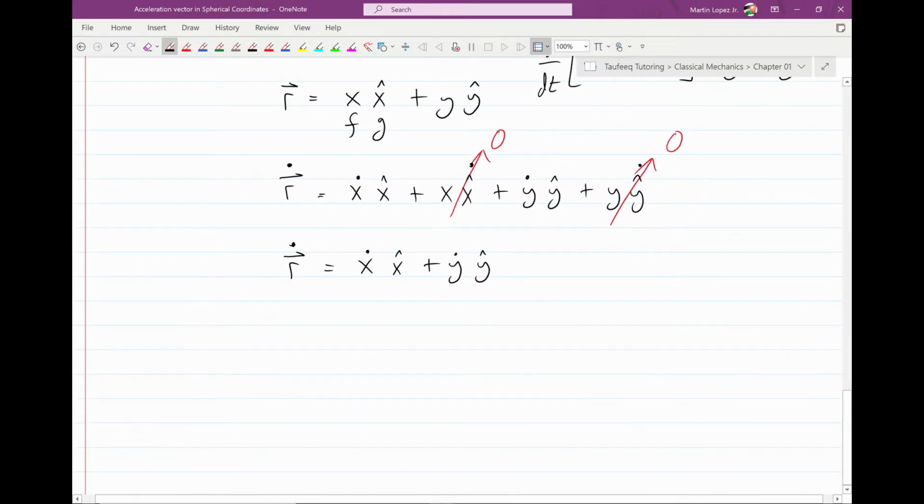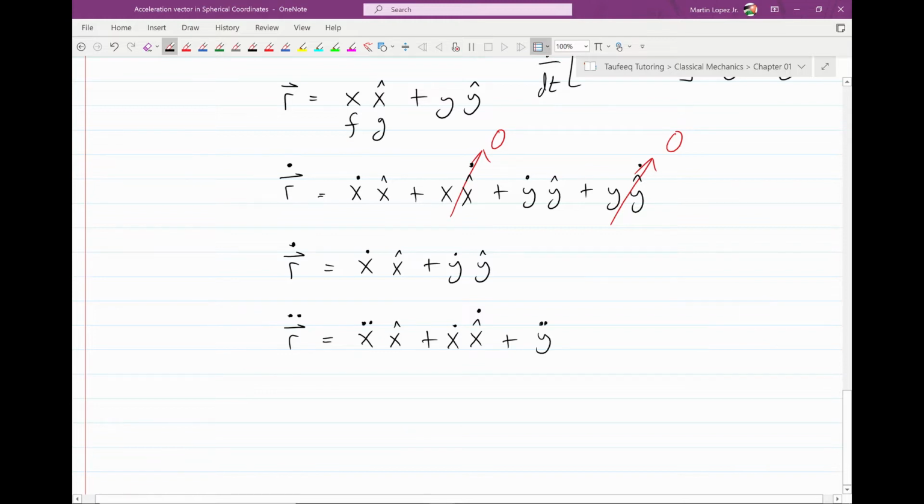And we can follow the same logic for the second derivative. I'll just do this explicitly, but we'll see that it simplifies. So we have x double dot x hat plus x dot x hat dot coming up again. That's going to be 0.